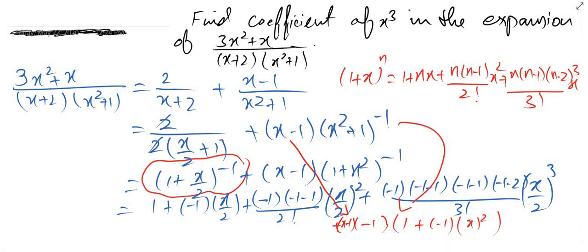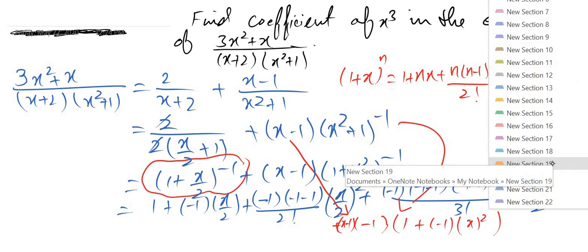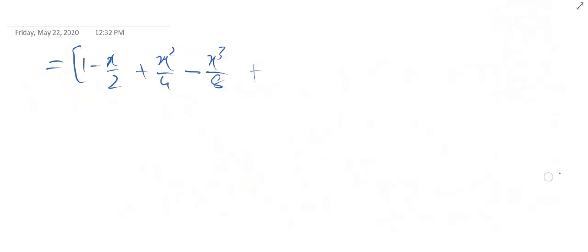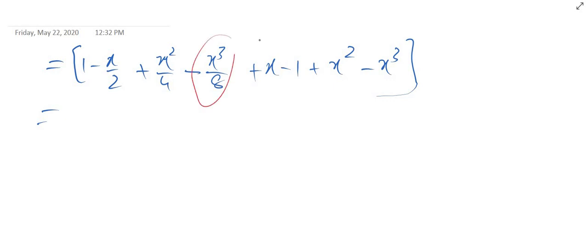We can multiply it simply, so it will become x minus 1 plus x square minus x cube. Now because we have to find the coefficient of x cube, it's enough to solve just this value and this value.